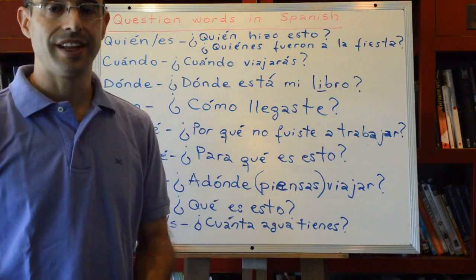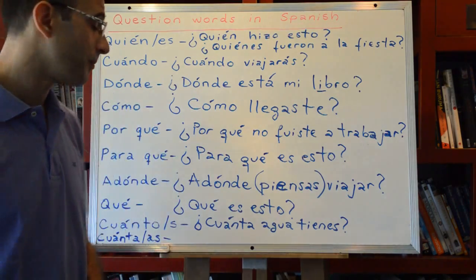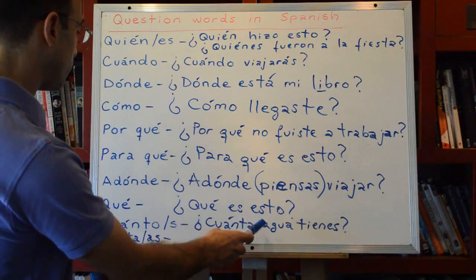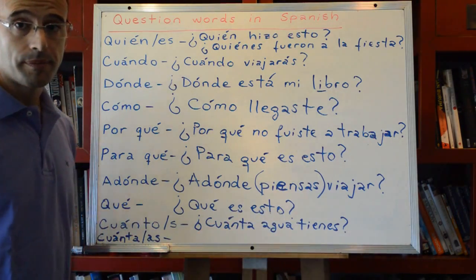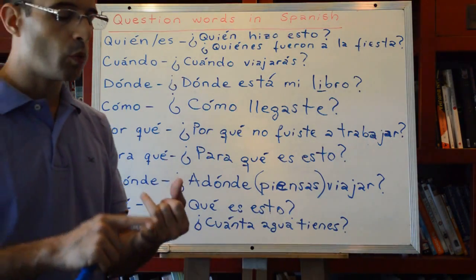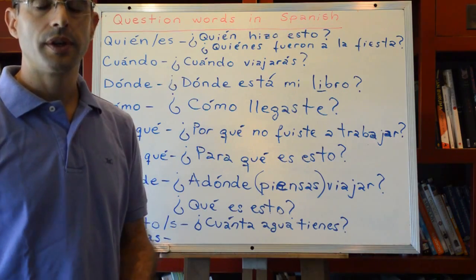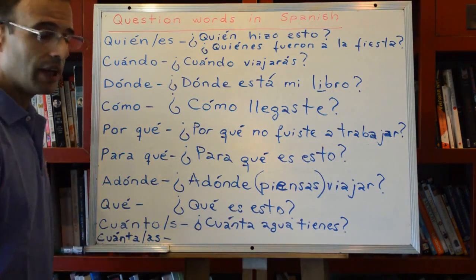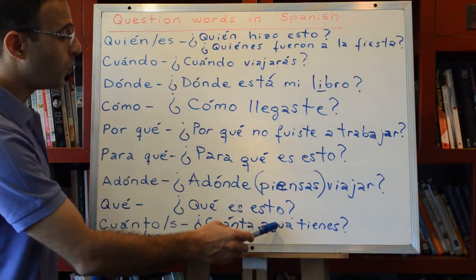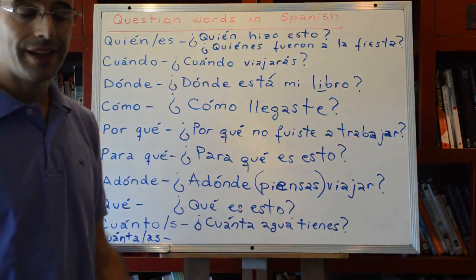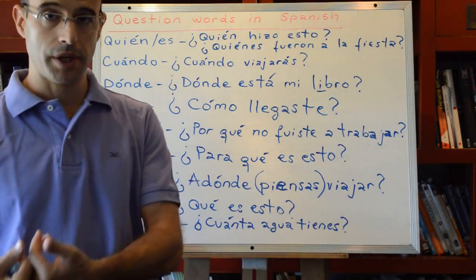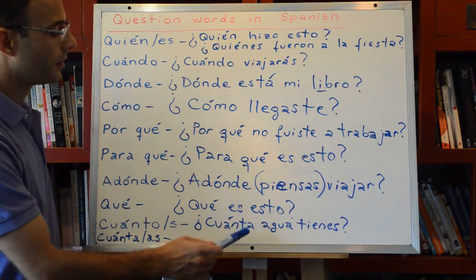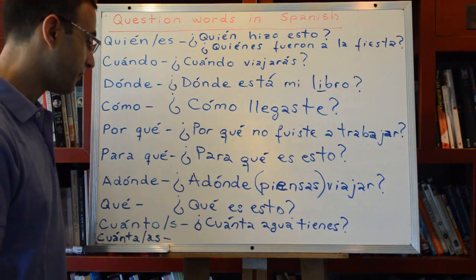Tener means to have, okay? ¿Cuánta agua tienes? So, since water, agua, is uncountable, we cannot say one water, two waters, three water, right? So therefore we use cuánta without the S. And in Spanish, the noun water, which is agua, is feminine. It carries the feminine article. Therefore we ask cuánta, right, with A.